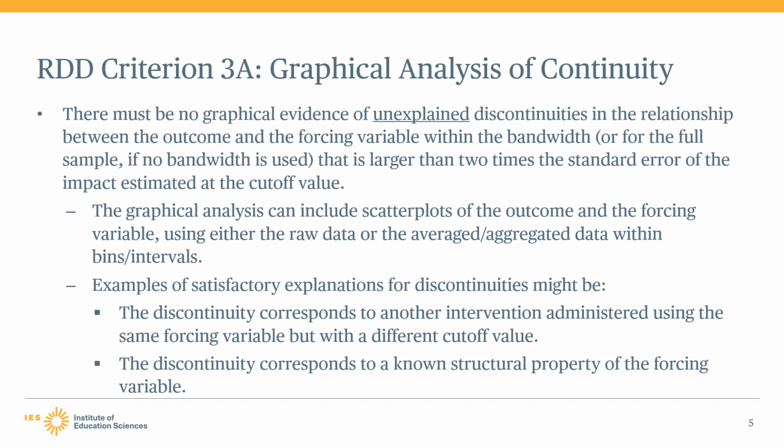The graphical analysis to support RDD Criterion 3A would typically entail a scatter plot of the outcome and forcing variable, using either the raw data or data averaged or aggregated within bins or intervals.